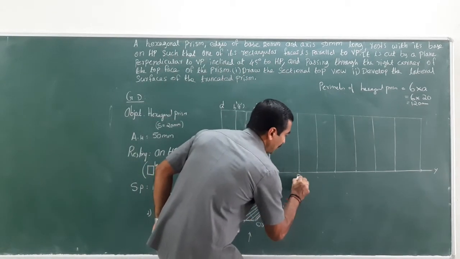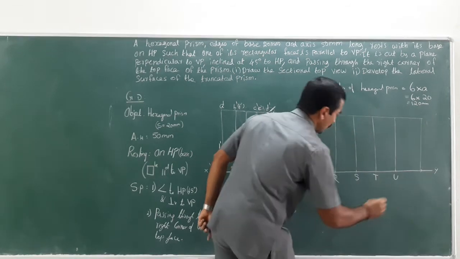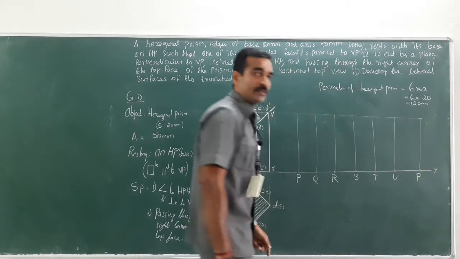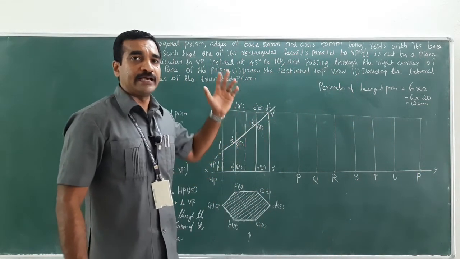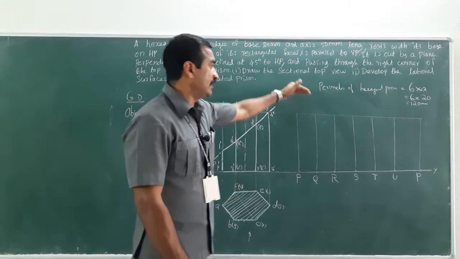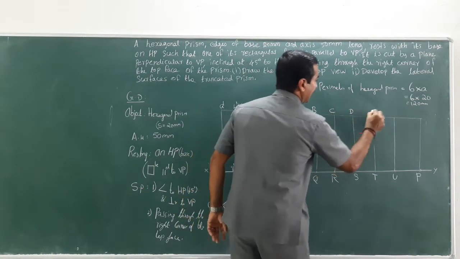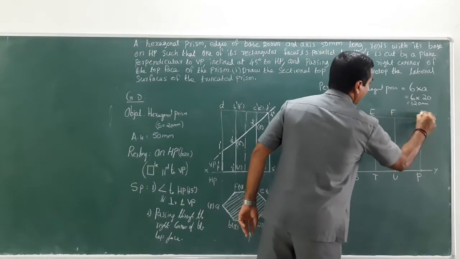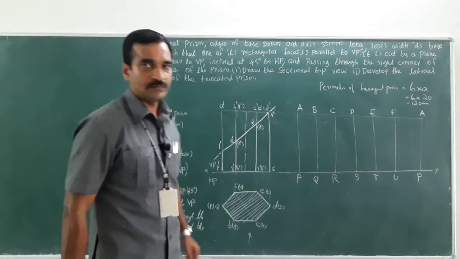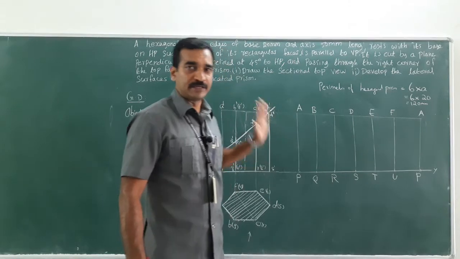So let me just start with P, Q, R, S, T, U and ends at P. The starting edge and the ending edge would be of same, P to P. And the top also, it starts with A, B, C, D, E, F and A. Right. So this is the development of a hexagonal prism.